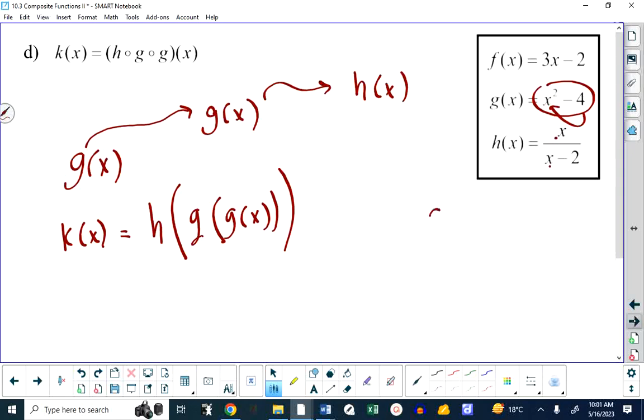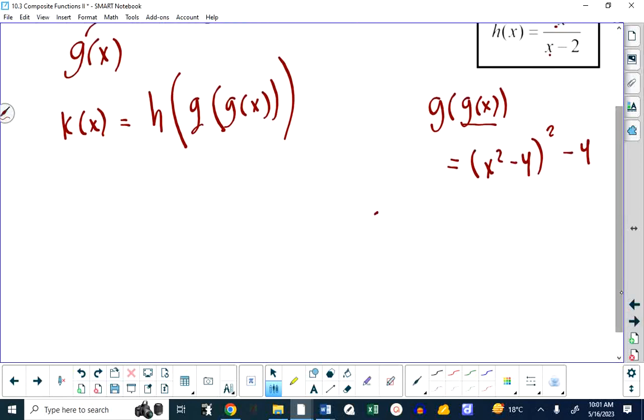I'm going to figure out again that middle part first, g of x. Well, g of x is the input squared minus 4, but the input is g of x, which is x squared minus 4. Let's simplify this. I need to take x squared minus 4 times x squared minus 4, and then subtract 4.